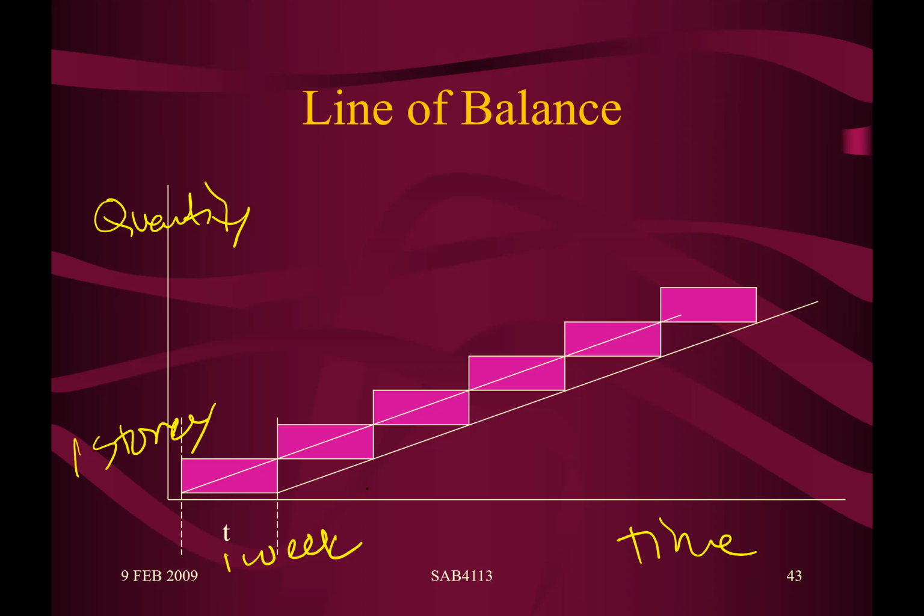So we expect those things to repeat after themselves. Every 1 week, you will have one story completed. If you do that, then basically you have a relationship. So this is what we call a linear line, the relationship between quantity and week.